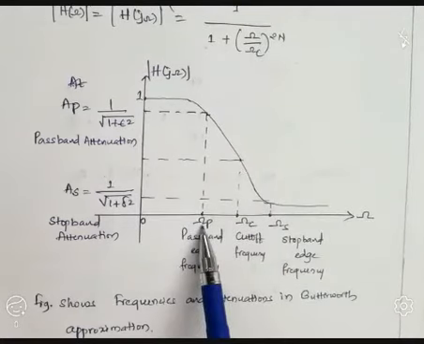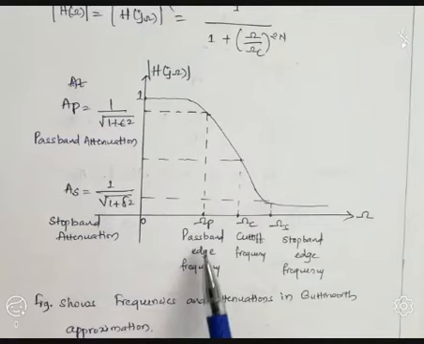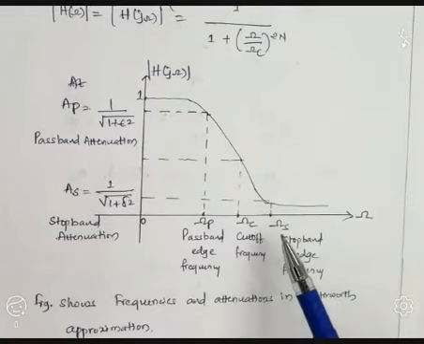Now, the value of omega, the frequency component, is equal to omega p. Omega p, suffix p, stands for passband edge. Omega is the frequency component. Hence, omega p is indicated as passband edge frequency, where omega c stands for cutoff frequency. Omega s is the stop band edge frequency.